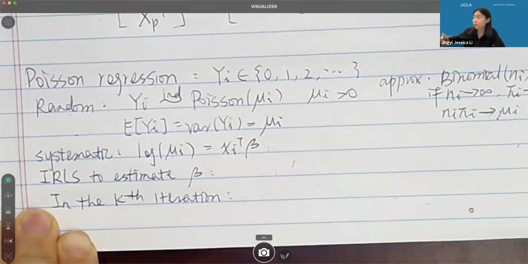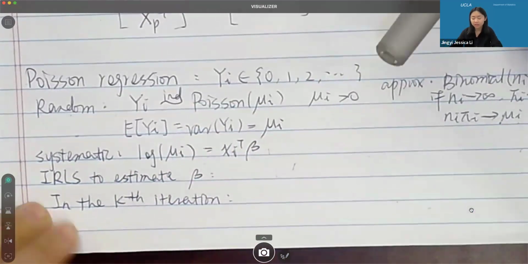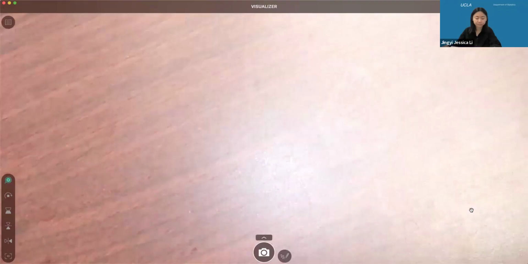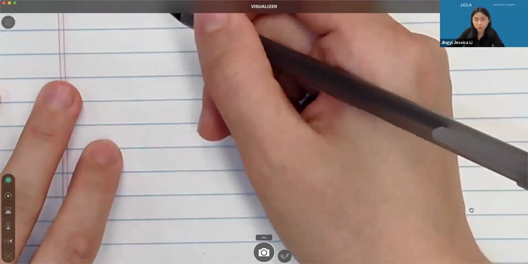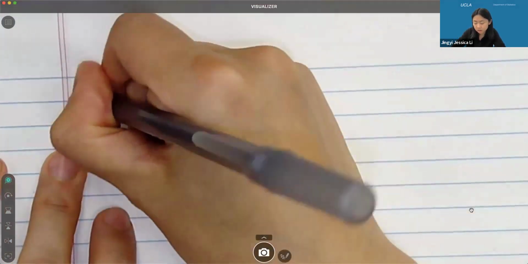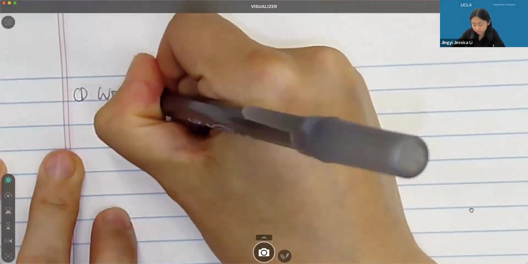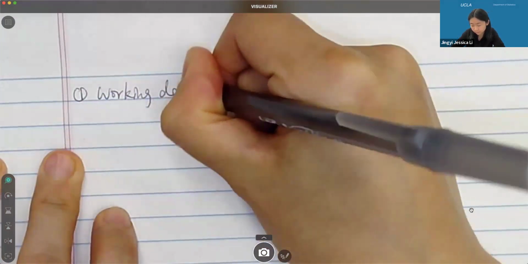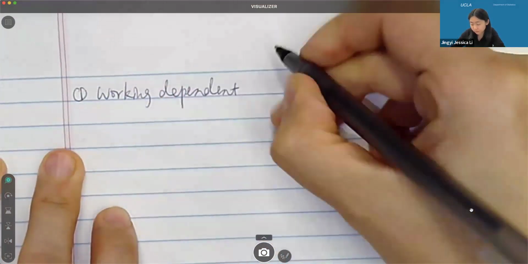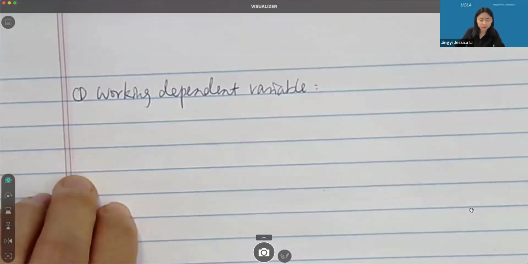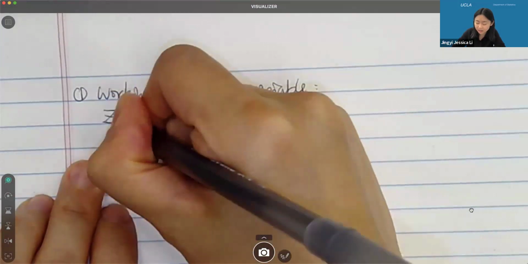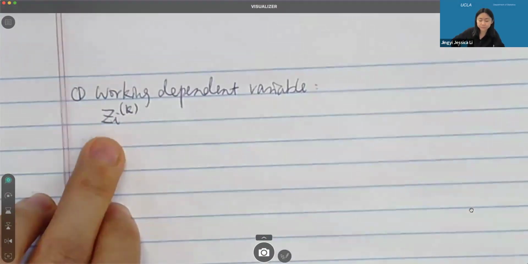So first of all, we want to derive the working dependent variable, which is the z, to replace y. How do we do that? In each iteration, let's first get the working dependent variable. And we call that z_ik for the ith observation.